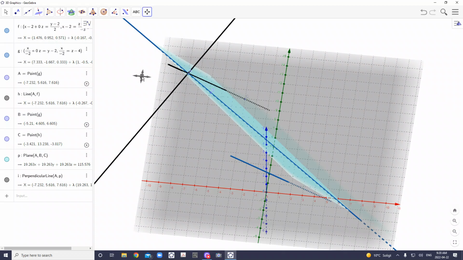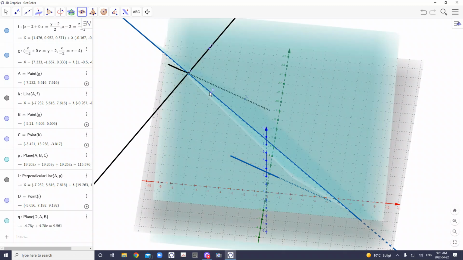Do you remember what I'm supposed to do now? I have to draw another plane which contains this line that I just drew and the original line. Yes? But I cannot do this using GeoGebra, so what I do, I take this random point here, then I have D, A, and B is already there. So I ask GeoGebra to draw the plane that passes through these 3 points.